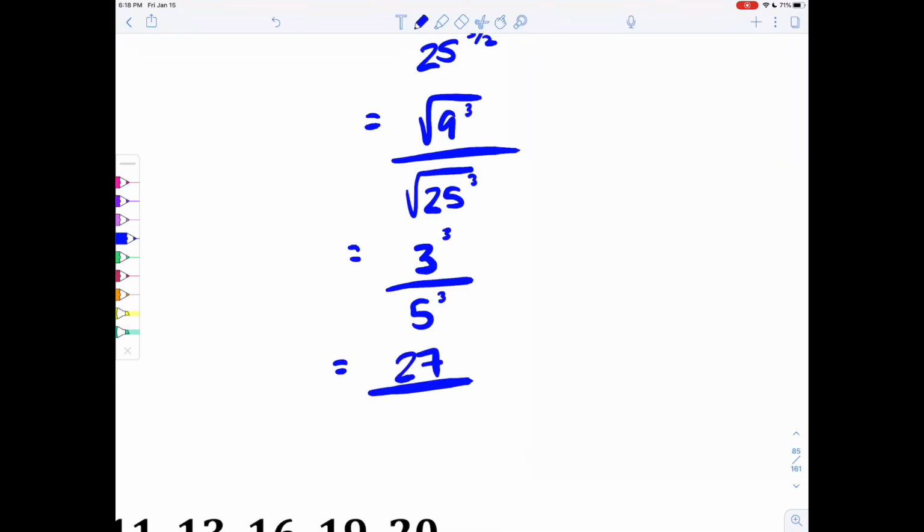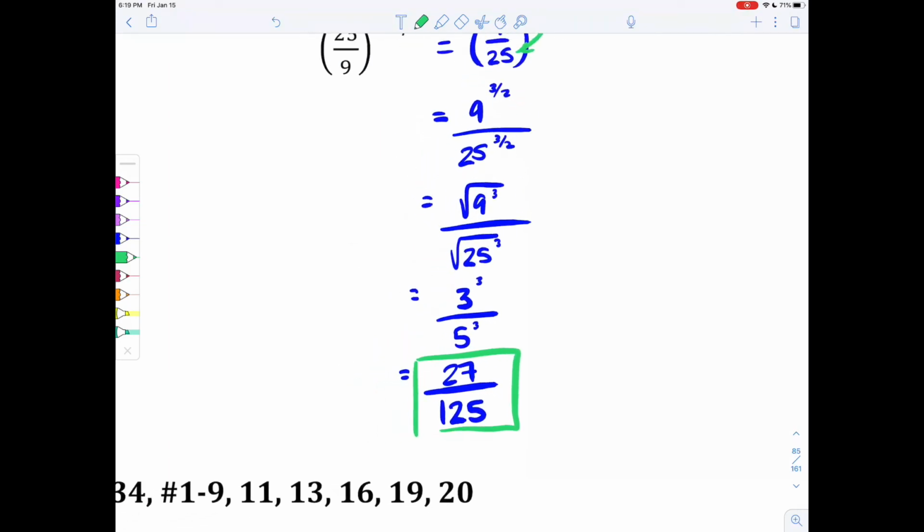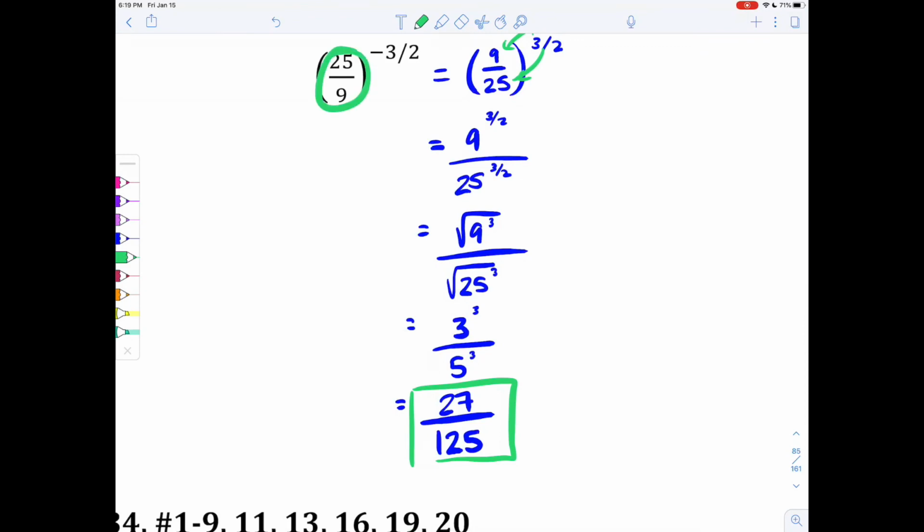And my denominator of 5 times 5 is 25, times 5 is 125. And just like what Mr. A said, we don't have to double check here to see, can this be reduced? Because just like in the beginning, that was not reducible. My final answer is also not going to be reducible because all of the factors of my numerator have nothing in common with the factors of my denominator. So I do not have to worry about that.